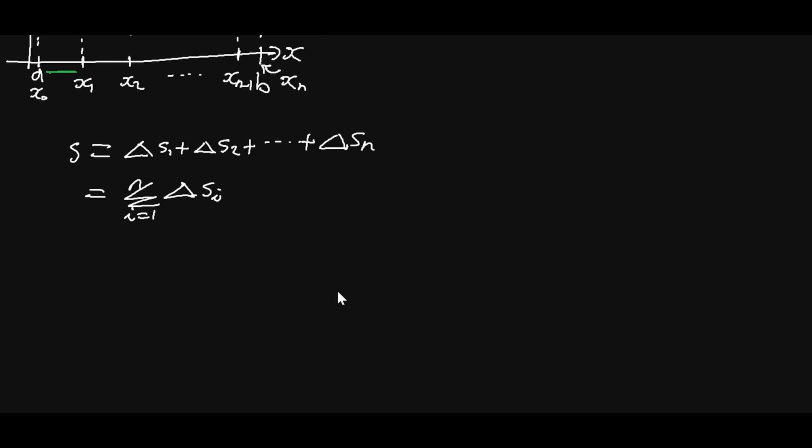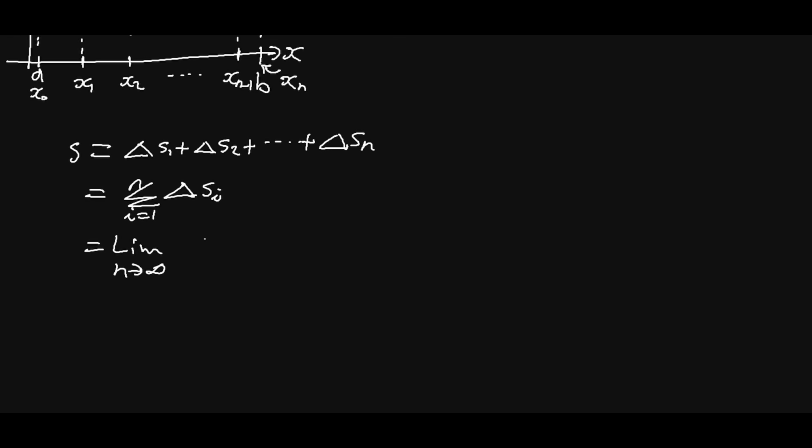The more we reduce these intervals, the more we capture of the length of this curve, so we get close to the actual accurate value. The way to get the ultimate value of this length is to find the limit as n tends to infinity.